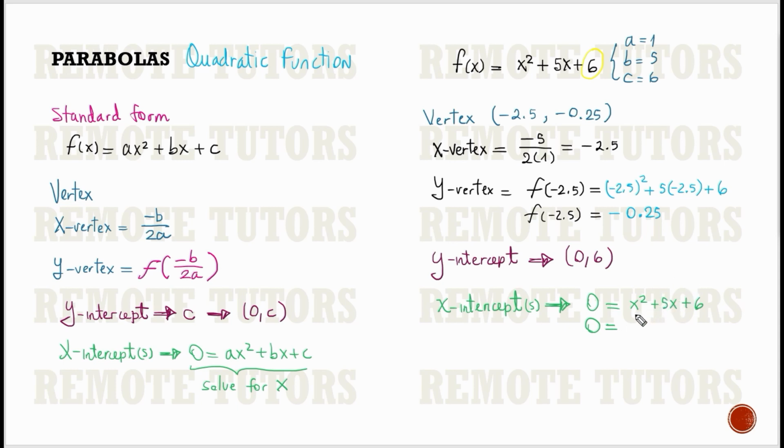Here we can solve the quadratic by factoring. So this is (x plus 3) times (x plus 2). So the values of x are minus 3 and minus 2. So the x-intercepts are at (negative 3, 0) and at (negative 2, 0).